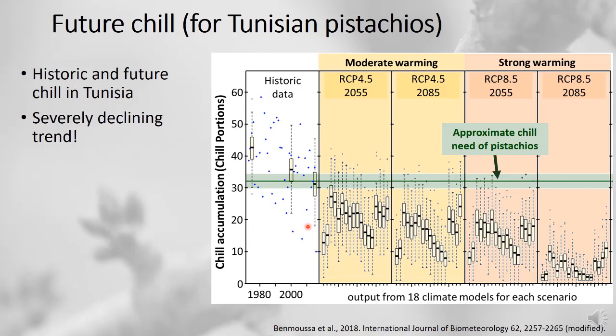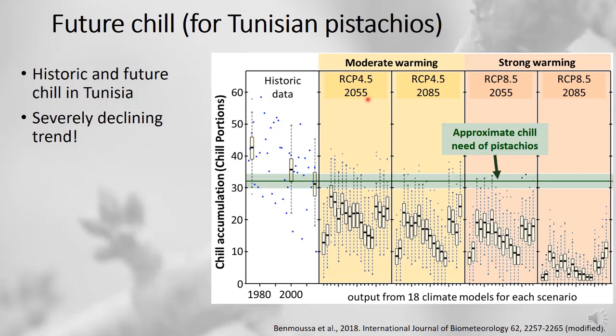And what is even more concerning is what we see when we look at future scenarios. Here we have a moderate warming scenario and a strong warming scenario, indicated by these representative concentration pathways: 4.5 as an intermediate warming scenario and 8.5 the strongest warming scenario that's usually used.